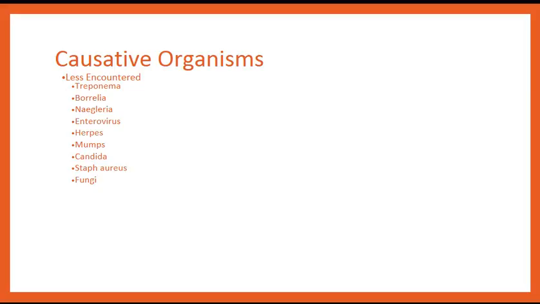The less encountered ones are Treponema, that's syphilis, Borrelia, Naegleria, enterovirus, herpes, mumps, Candida, which is a yeast, Staph aureus, and different types of fungal organisms like Coccidioides or Histoplasma. Those can get into the spinal fluid.